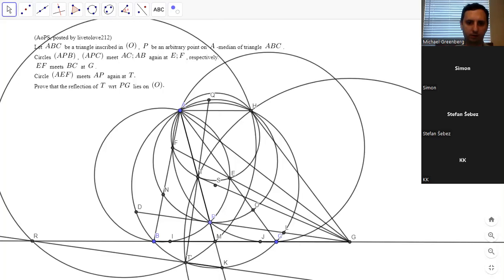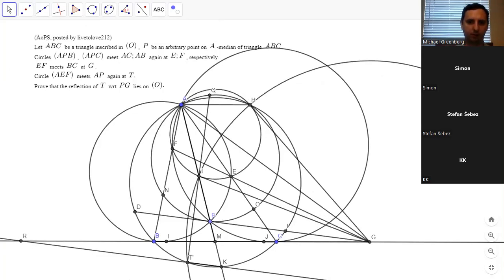Okay, I'm going to erase the, okay, but we know that we could try to show that those are cyclic, HM T prime R. Are the two circles HT prime and H, are they orthogonal?